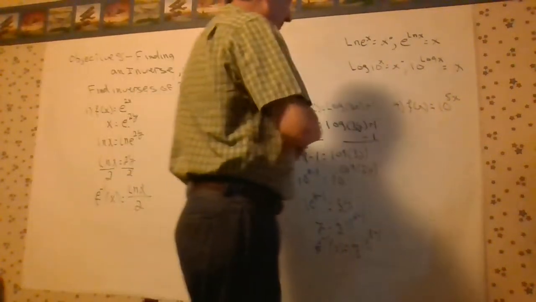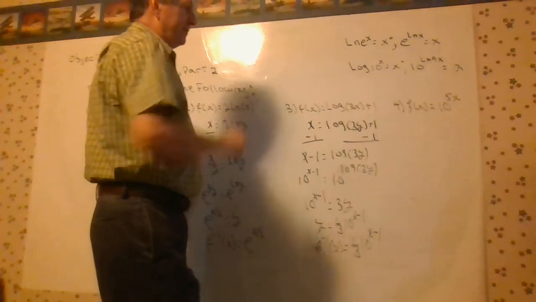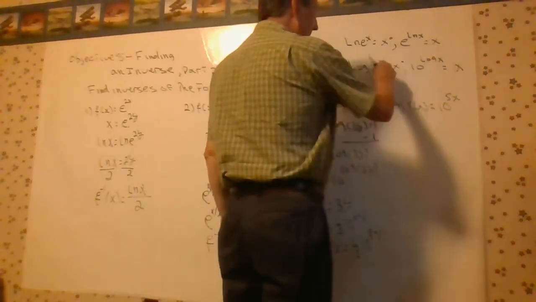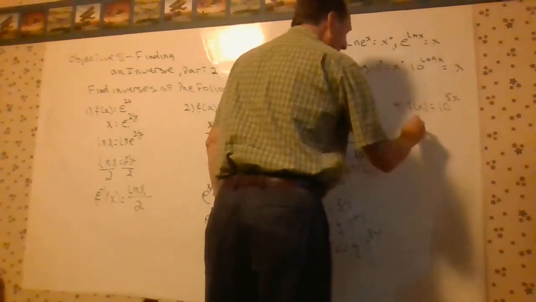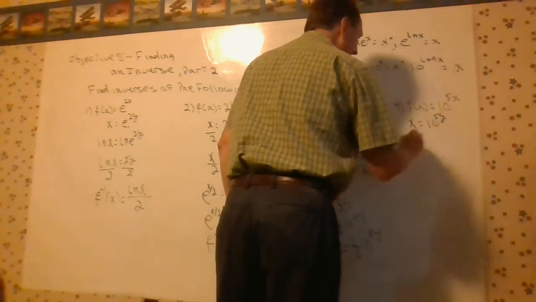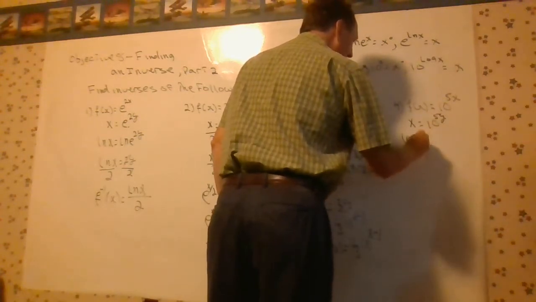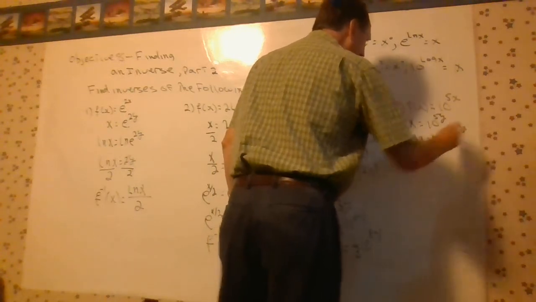And then our final example is we have f of x equals 10 to the 5x. You can cancel out 10 to the x by taking the log of both sides. So we write x equals 10 to the 5y. Log x is log 10 to the 5y.